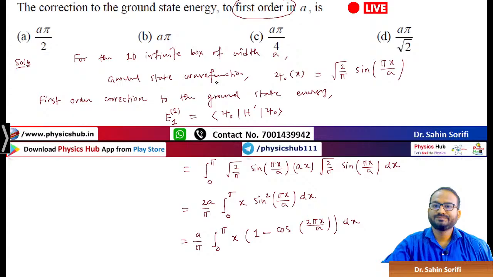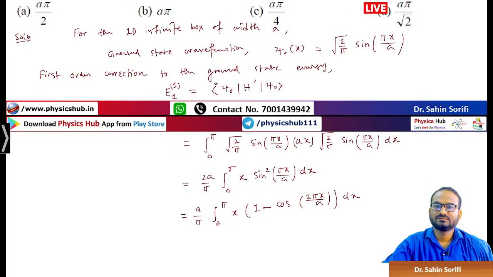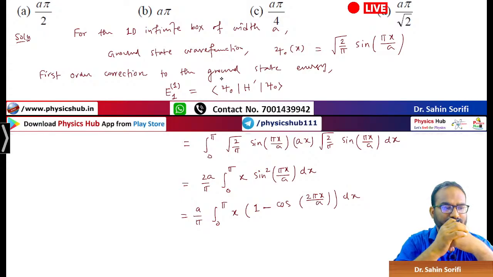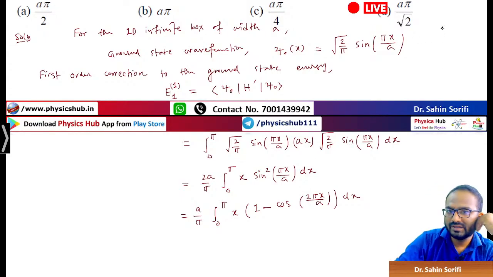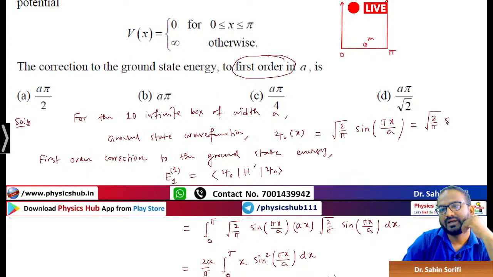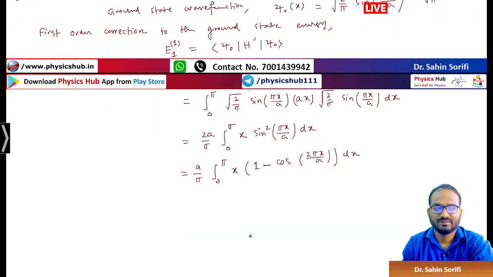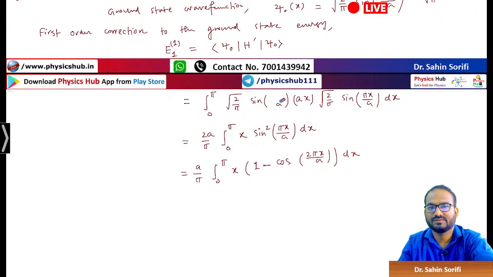Is it clear till now? Acha, here a is what? A is pi, no? So square root of 2 by pi sin x. Because the width a equals pi, it is sin x, no? So let's replace this.